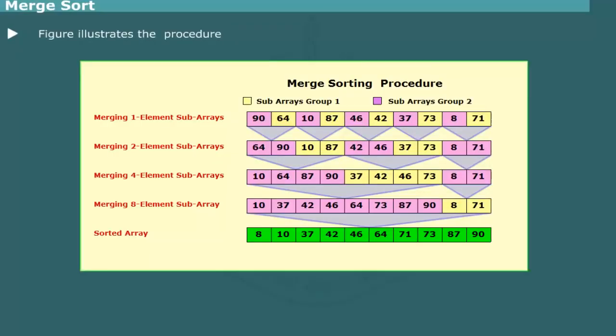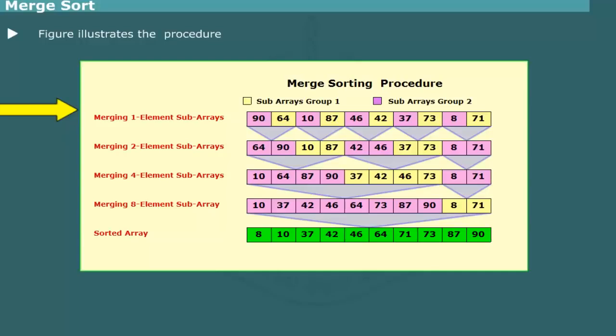The array consists of 10 unsorted elements. First, the array is split into one-element arrays, each containing the elements 90, 64, 10, 87, 46, 42, 37, 73, 8, and 71.